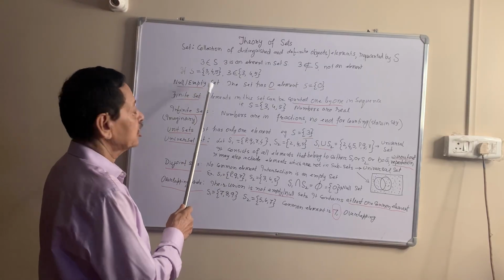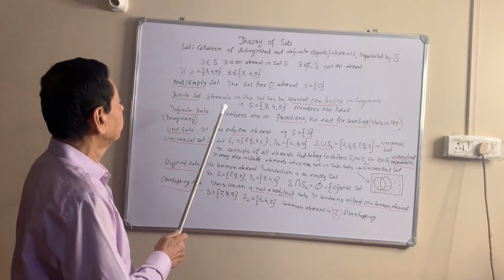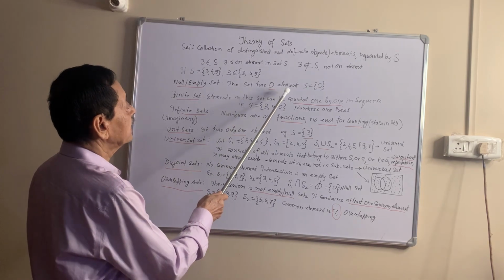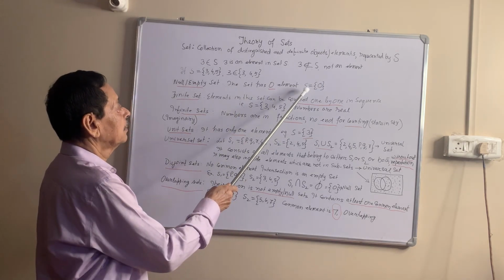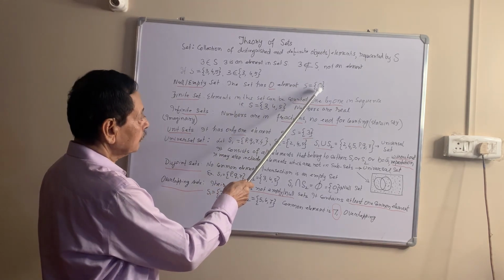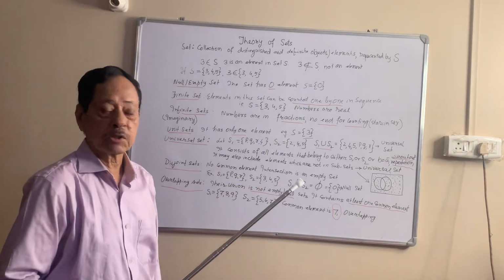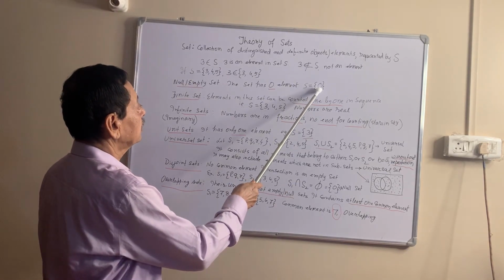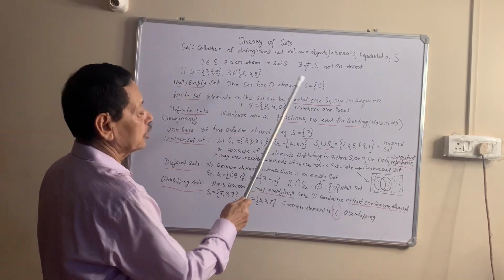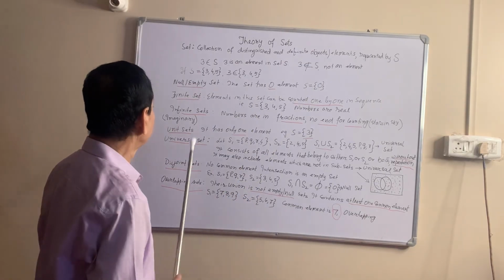Now, the null set or empty set is a set that has 0 elements. For example, S is equal to {0}, that means the element is 0, so it is called the null set or empty set.